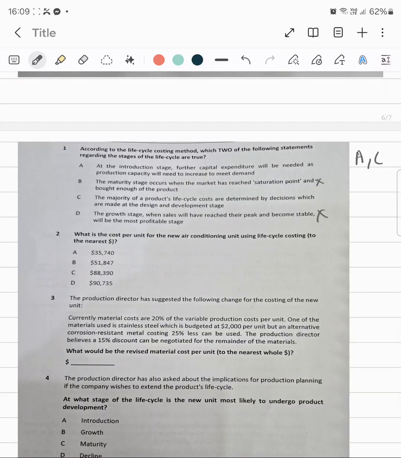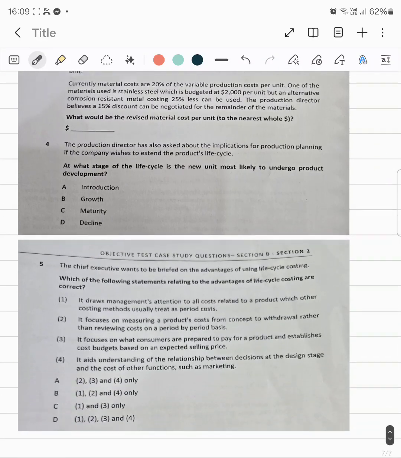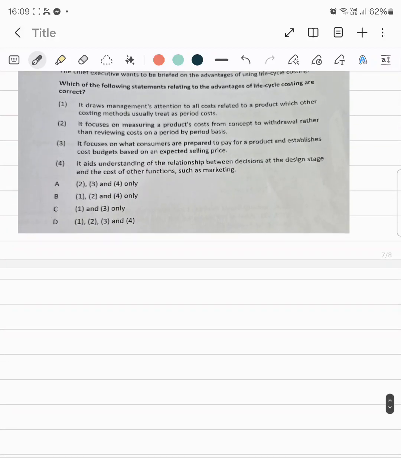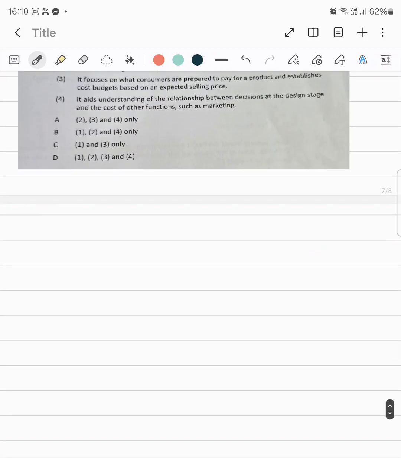So Midhurst expects to sell 10,000 units. We'll have to calculate the life cycle cost. Let's calculate it over here.